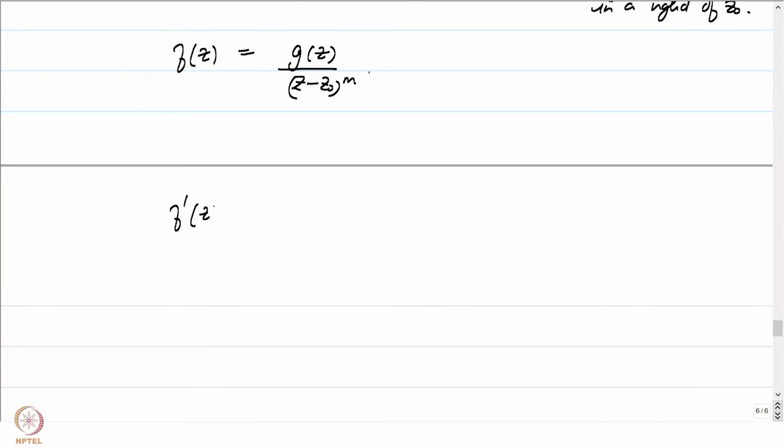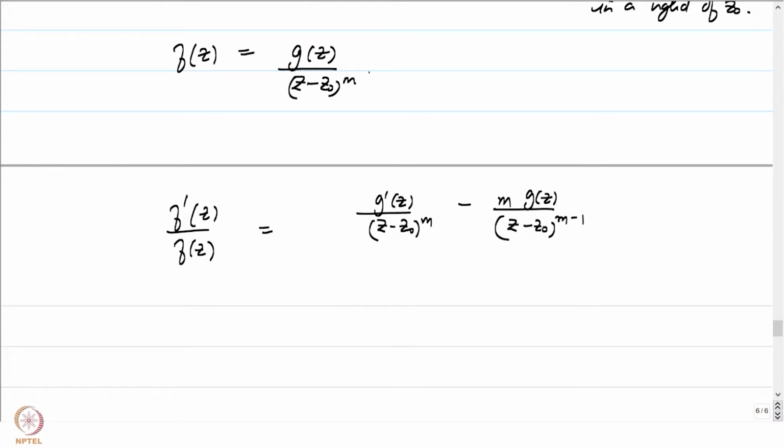The log derivative is f prime of z by f of z, which is going to be equal to g prime of z by z minus z0 to the power m, minus m times g of z by z minus z0 to the power m plus 1, and divided by f of z, which is g of z by z minus z0 to the power m.